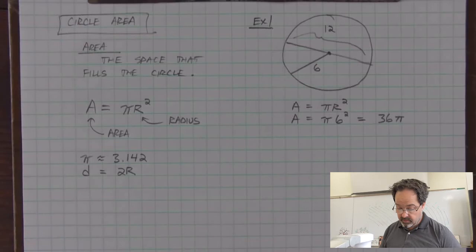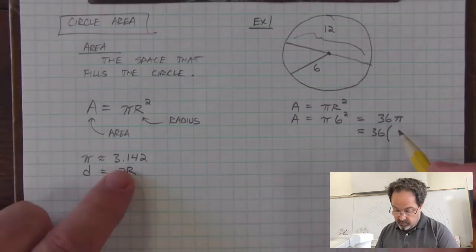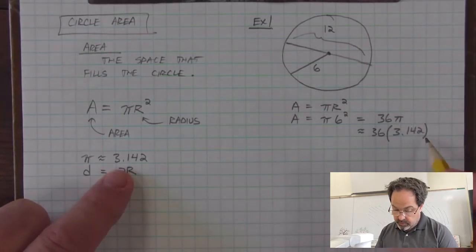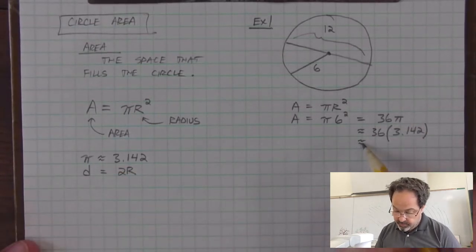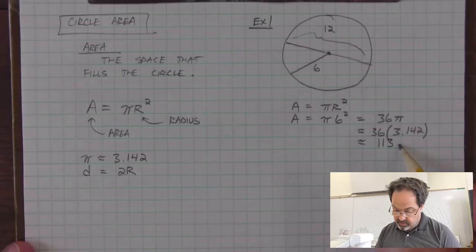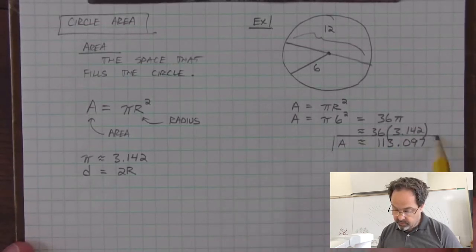But I can approximate 36 pi by substituting the value, the good approximation for pi, 3.142. And I can multiply 36 times this approximation, which will give me 113.097 approximately for the area.